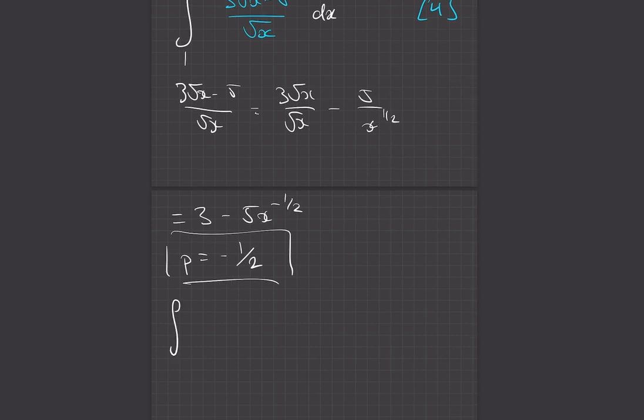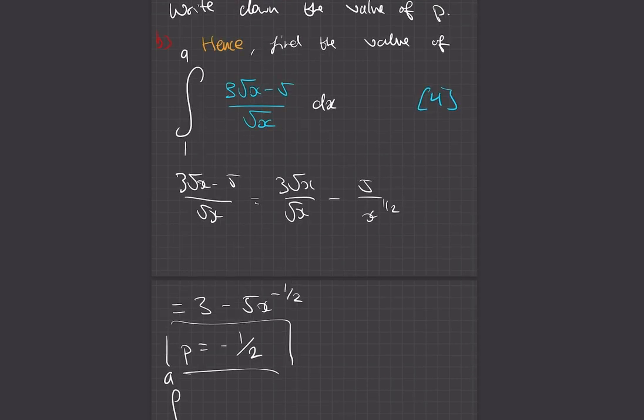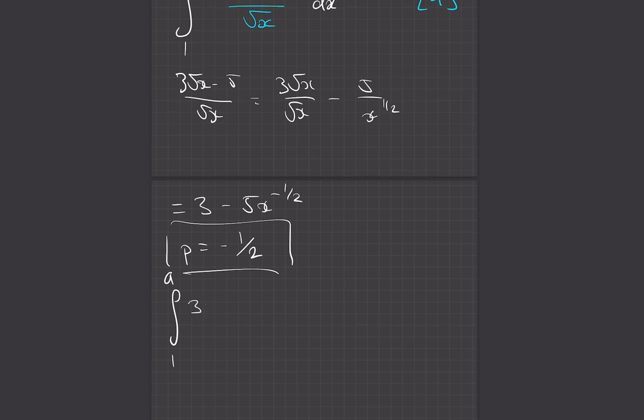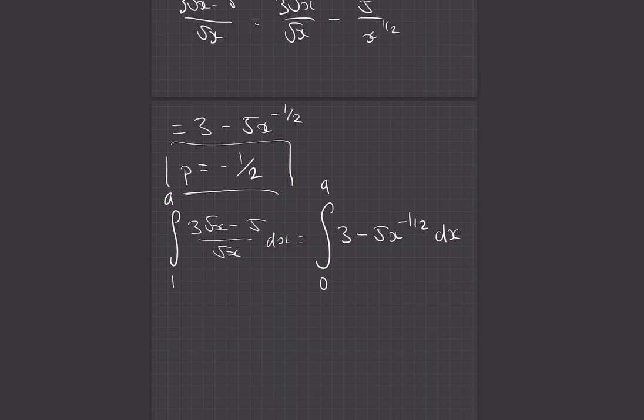So the definite integral from 1 to 9 of 3 root x minus 5 over root x dx. Well, we know by the equality that we just found that that's the same as the integral of 3 minus 5x to the minus 1/2 dx, and that's just normal integration with powers.